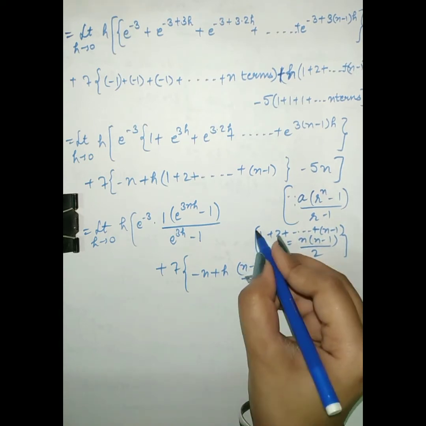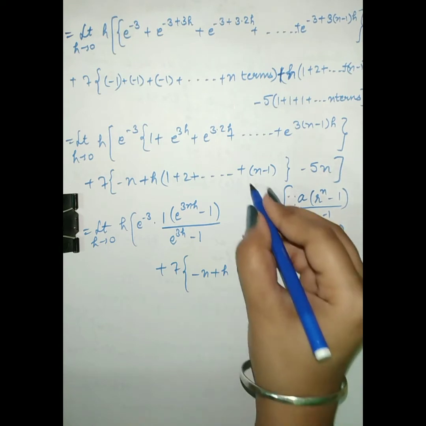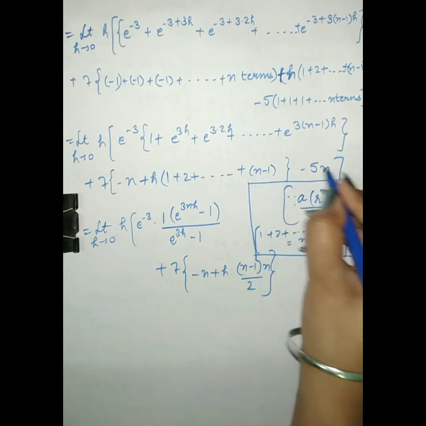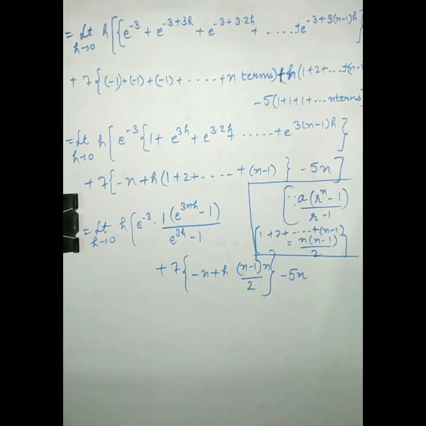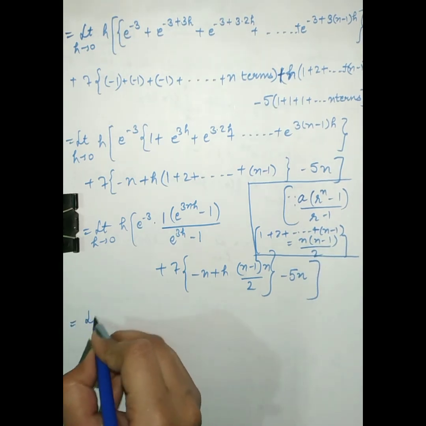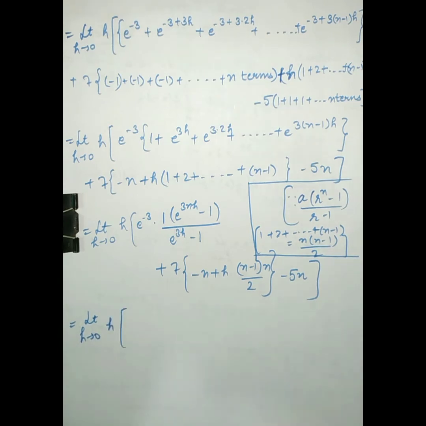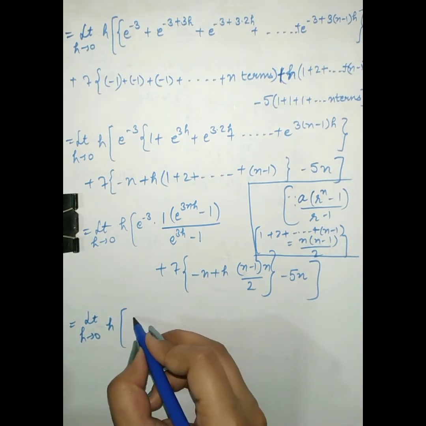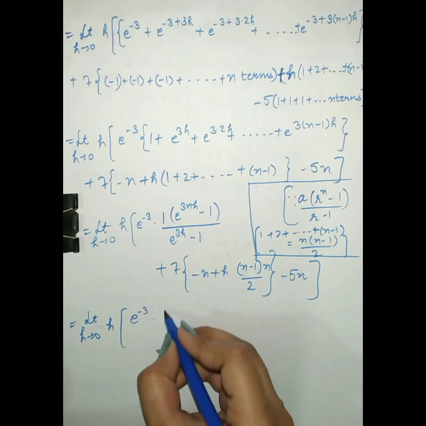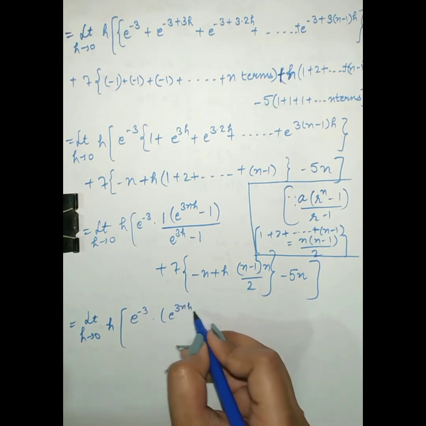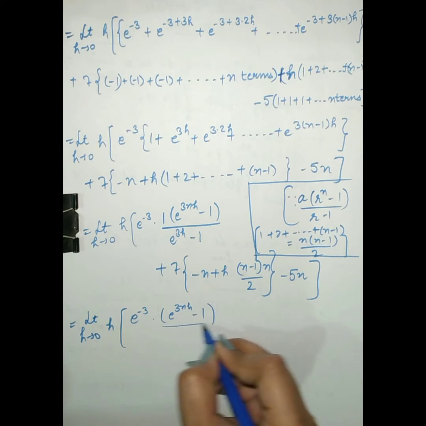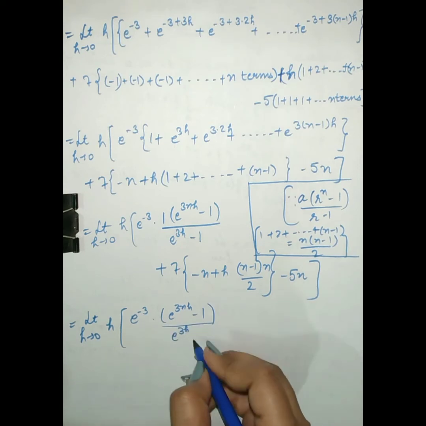Then minus 5n as it is. That means here we get the term limit h approaches to 0, h into e raised to the power minus 3 into e raised to the power 3h minus 1 upon e raised to the power 3h minus 1.